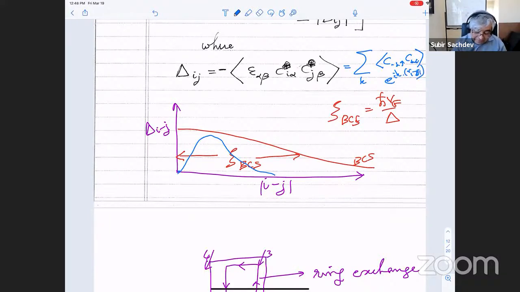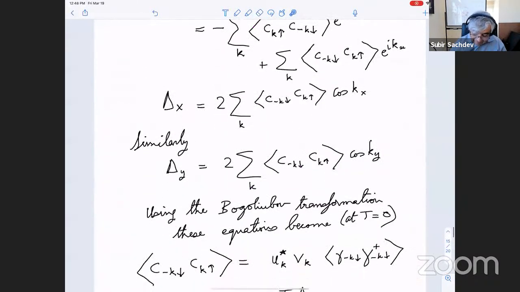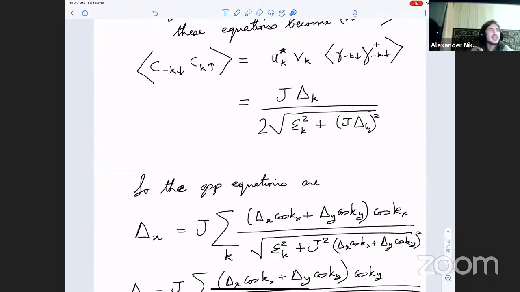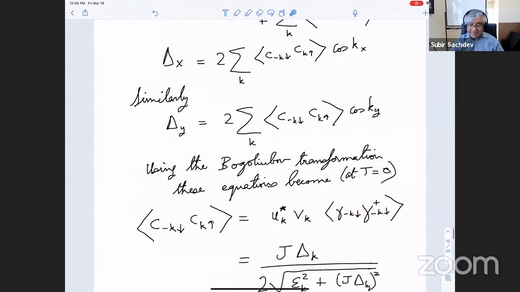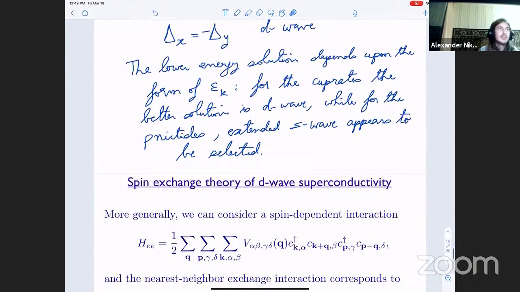So what you have to do to compute this quantity is take the Fourier transform of this function of k, and that's not just purely nearest neighbors. So in this theory, the pairs are actually longer range. The energy only cares about the nearest neighbor amplitude, but the pair is slightly longer range. But because it's D wave, it vanishes when they approach the same site. Or extended S wave.